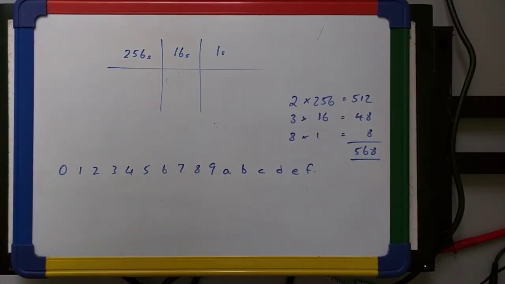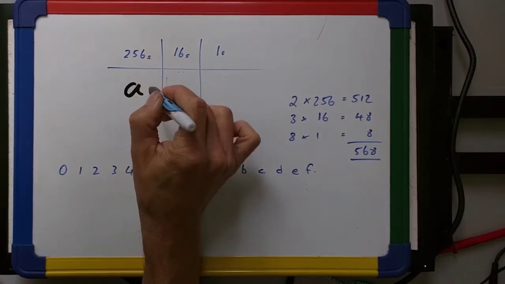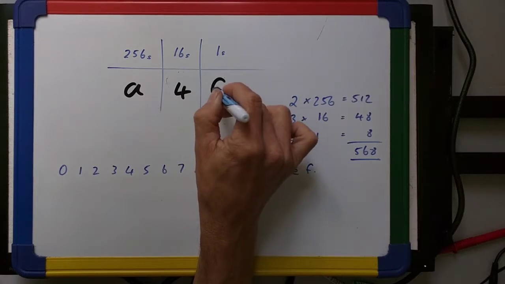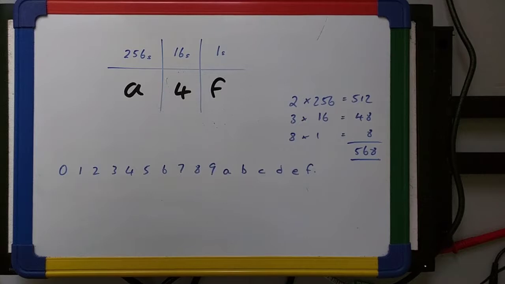So this looks a little bit crazy, doesn't it? So let's say that we actually have this number. Here is a number written in hex. A4F. At first sight it looks quite confusing.